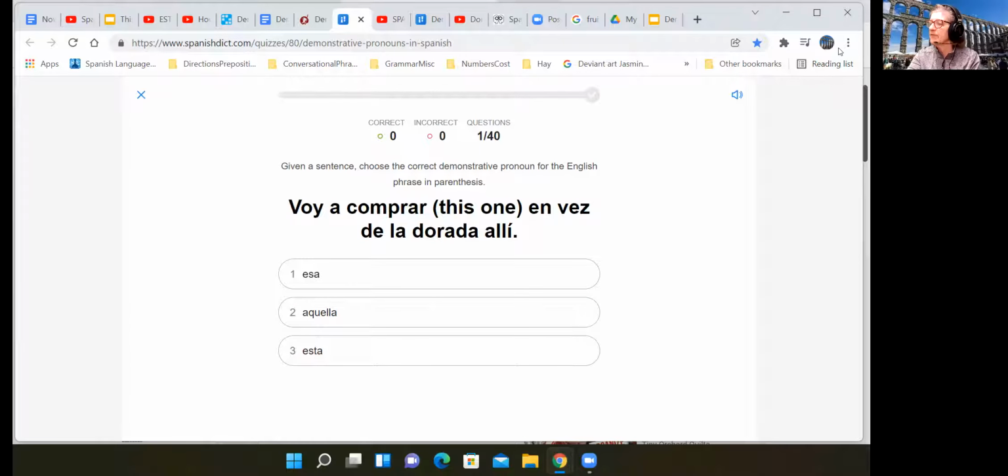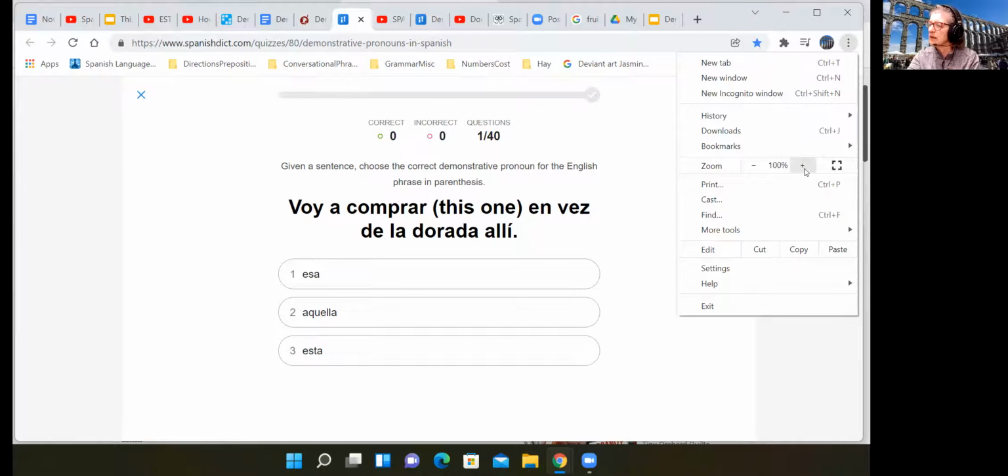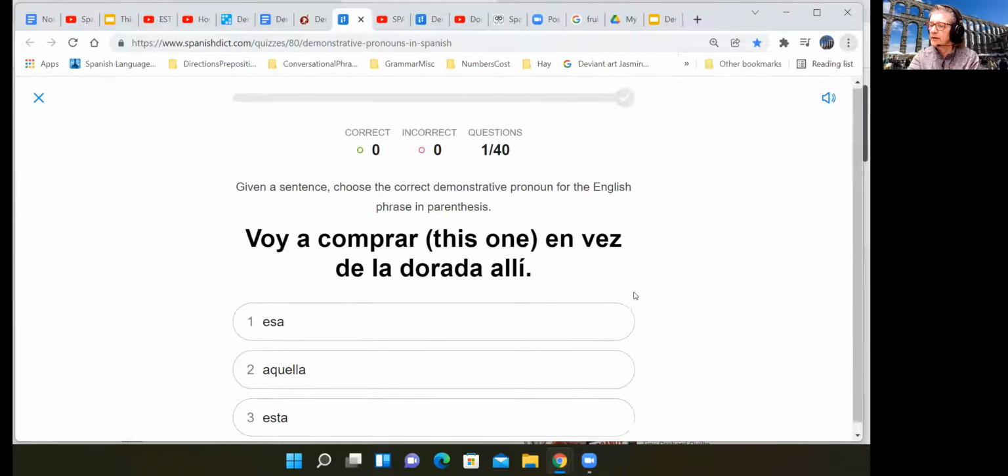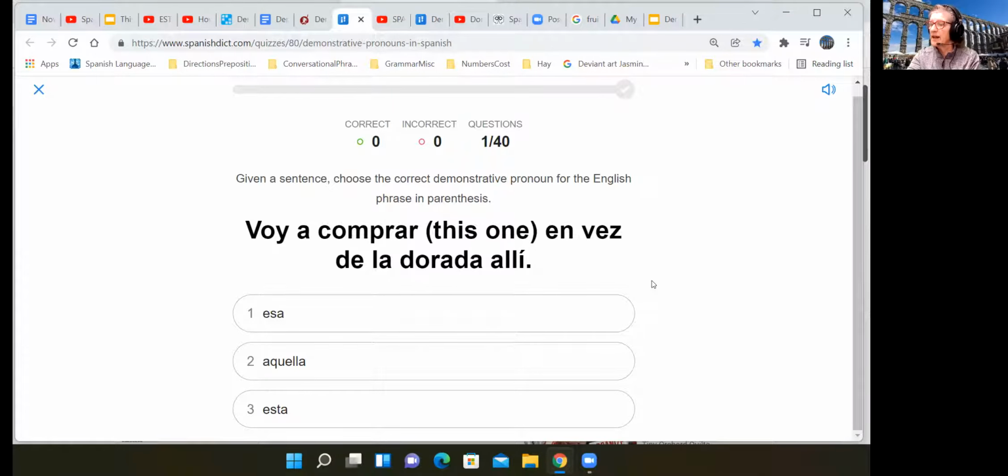Let's take it one step further. Un poquito más grande. Hay 40. Voy a comprar this one en vez de la dorada. It's not that tricky. They don't really tell us the thing they're talking about.